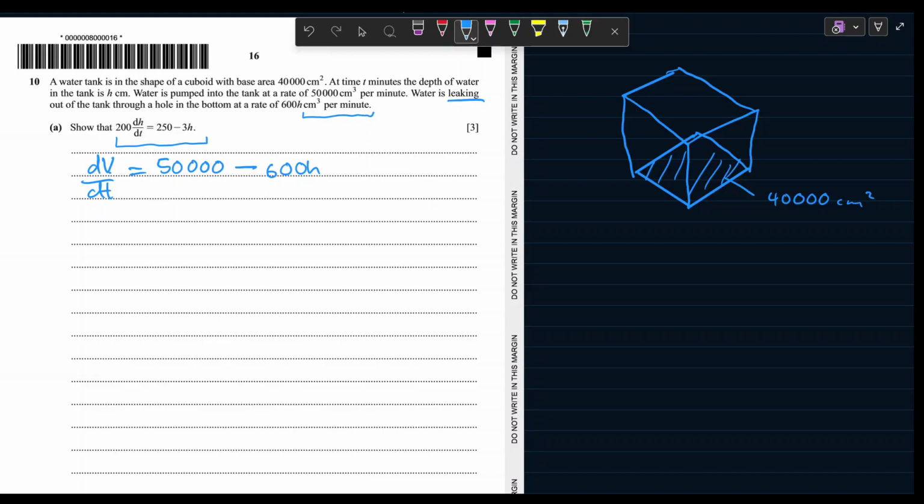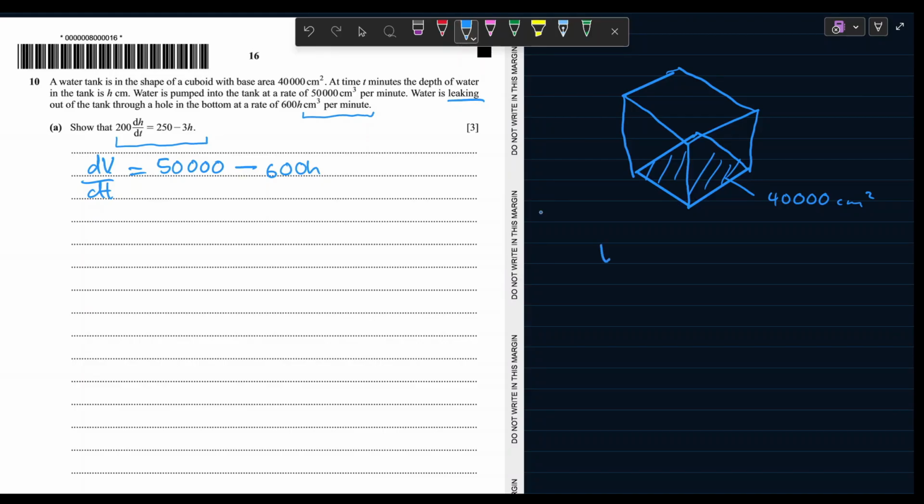The way we can do that is we've got dV/dt. We can also come up with another rate of change so that we can construct a chain rule to get us dh/dt. So the reason they've given us the area is because they want us to use the volume of the cuboid to help us in this question.